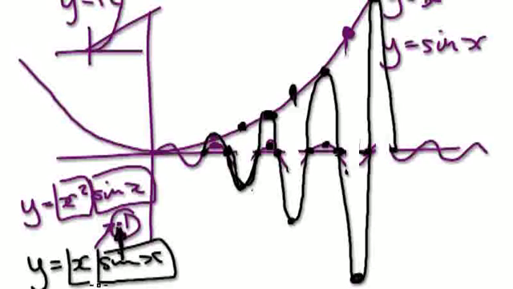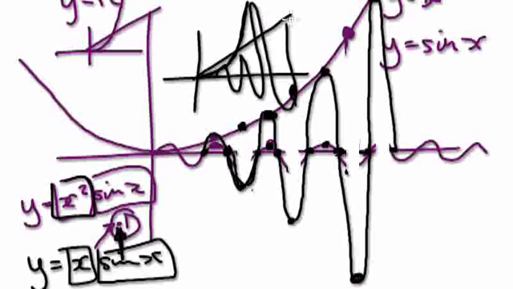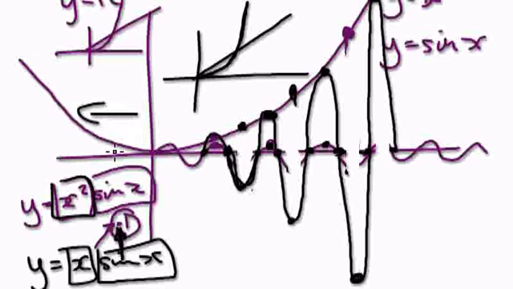With your normal y equals x graph, it would be like this, but with x squared you're forcing the sine graph to increase a lot faster. So in the next video we will look at the negative side, but on the positive side it will look something like this.